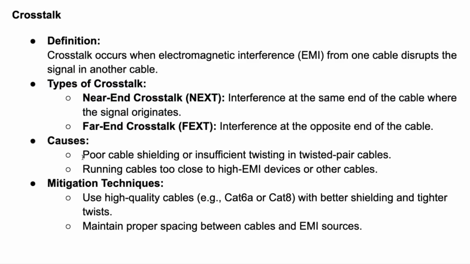Now, the causes would be poor cable shielding or insufficient twisting in twisted pair cables, or running cables too close to high EMI devices or to other cables. It could be there are just too many cables jumbled together, so the signals from all of these cables are messing with each other, or you haven't put enough space between device number 1 and device number 2, so they're sitting right on top of each other.